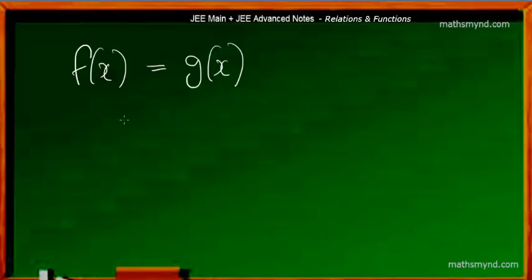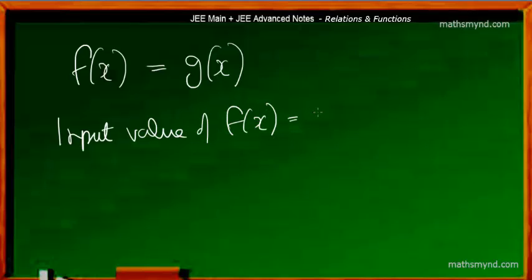What I mean is, suppose the input value of function f of x is x1, and the output value is y1. Input, of course, is the element which we enter into the function to carry out a particular mathematical process, and what comes out of the process is y1, or the output.